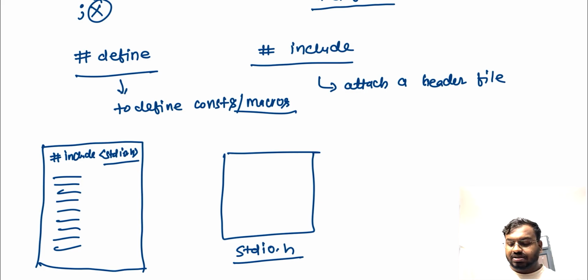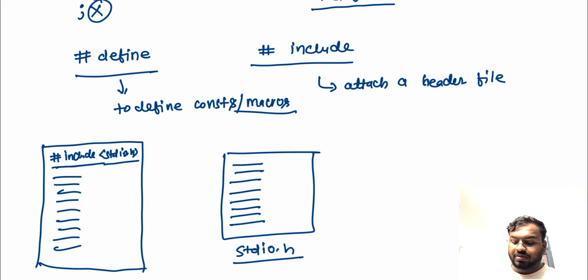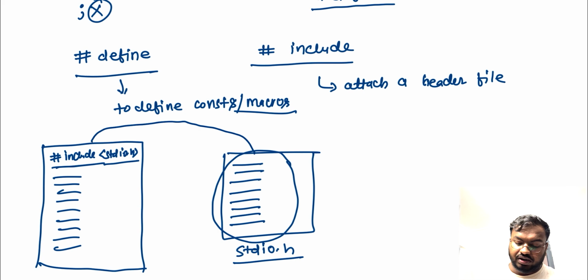We will discuss header files in detail, but as of now, just know that a header file contains some definitions or declarations of functions. So this preprocessor directive will copy the contents of this header file and it will paste it over here.